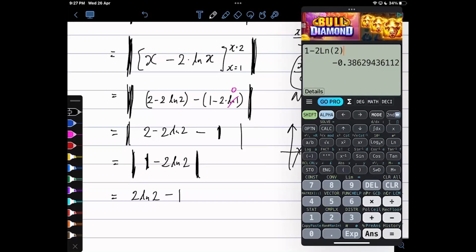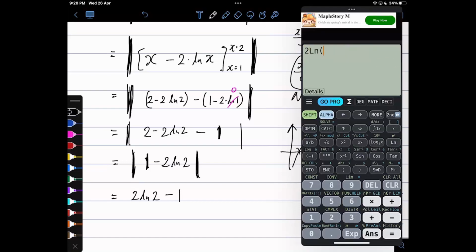Do you understand what I just did? Because it's negative, you have to times negative 1 to make it positive. And multiplying negative 1 to that value becomes 2 ln 2 minus 1. Instead of the other way around, type it in as 2 ln 2 minus 1, like this. The positive value instead. Okay? Clear? Good.